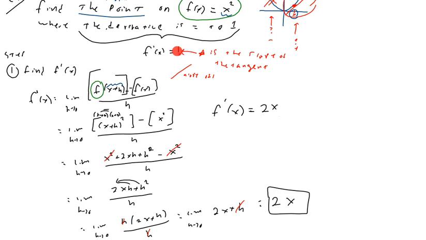So I'm going to make this 2x equation that I found equal to 1. I'm going to say 1 equals 2x, and I'm going to solve for x.